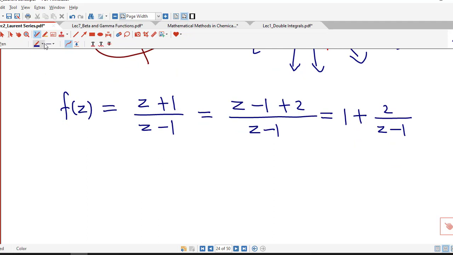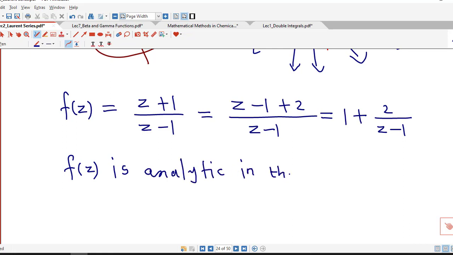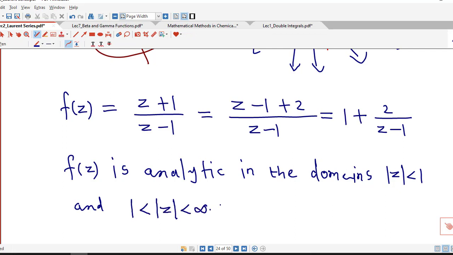Now first we consider the domain mod z less than 1, or first we write what we have discussed. F of z is analytic in the domains mod z less than 1 and 1 less than mod z less than infinity.